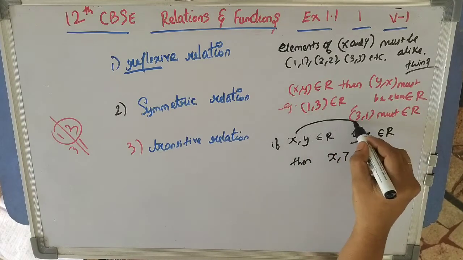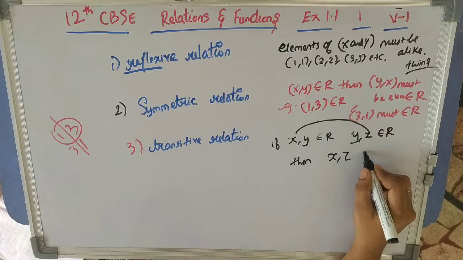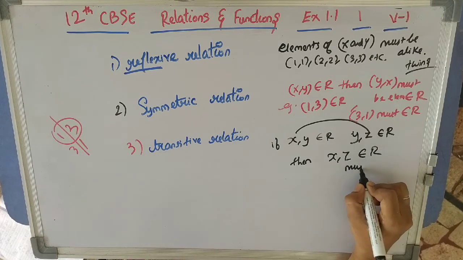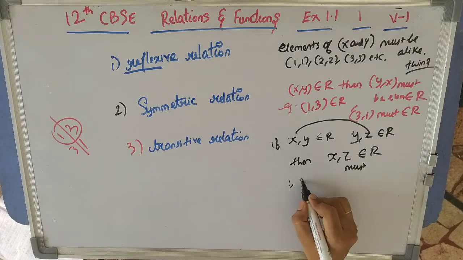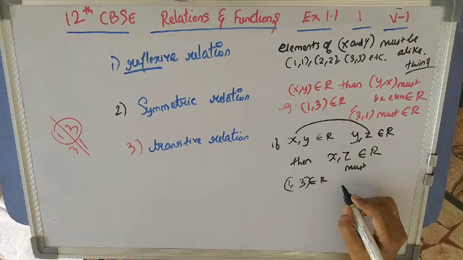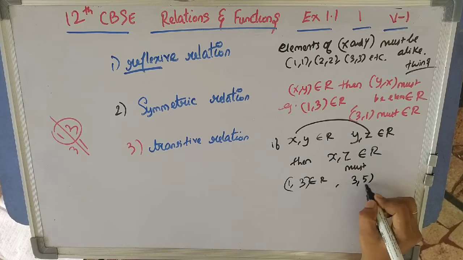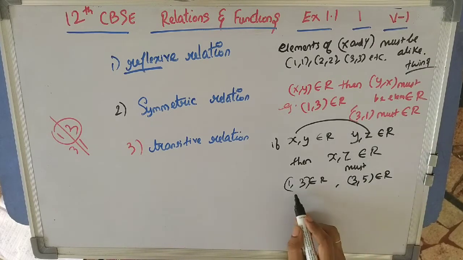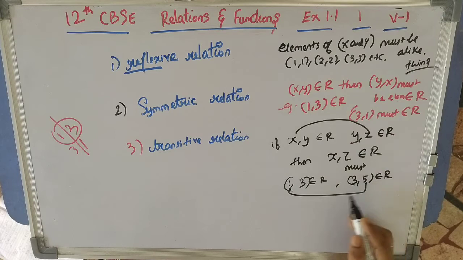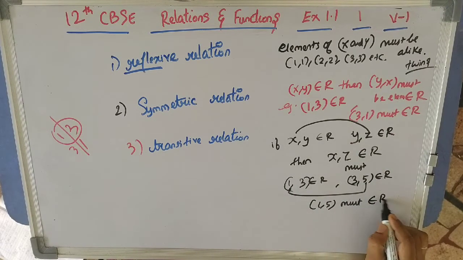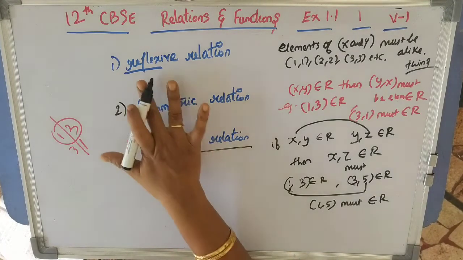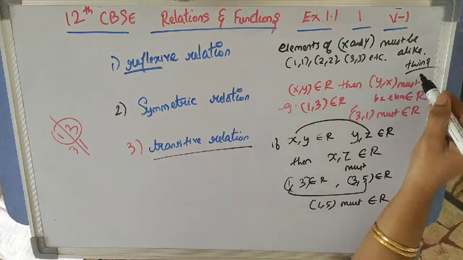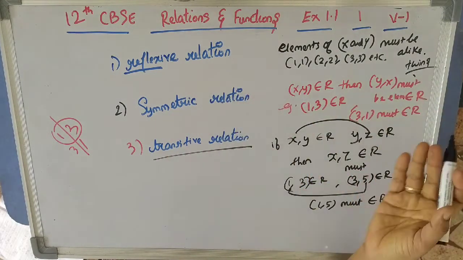Then x comma z, the first element in the first ordered pair and the second element in the second ordered pair, must be an element of R. For example, if 1 comma 3 is an element of R and 3 comma 5 is an element of R, then 1 comma 5 must be an element of R for the relation to be a transitive relation. Clear?